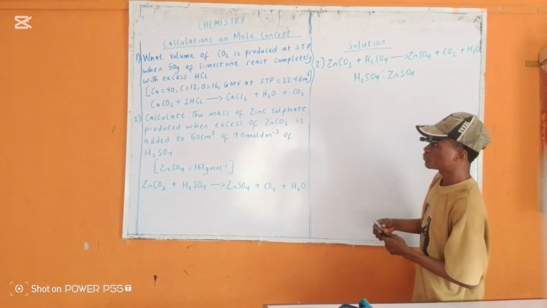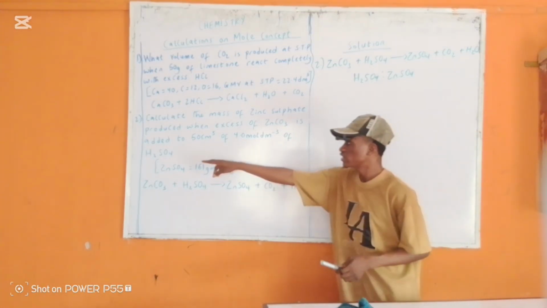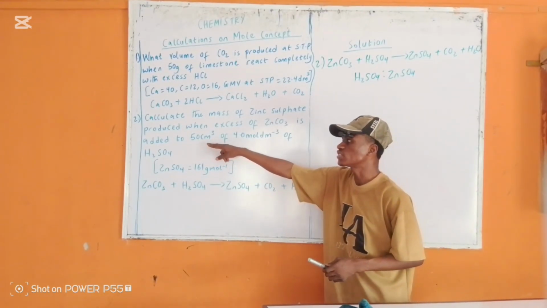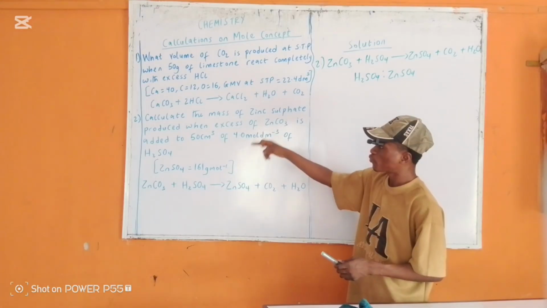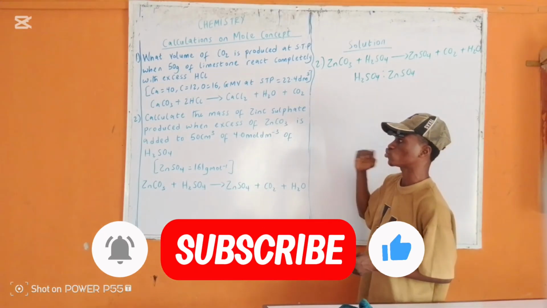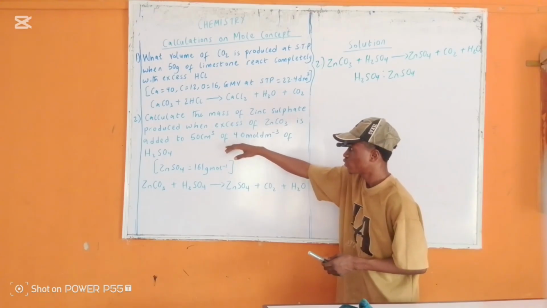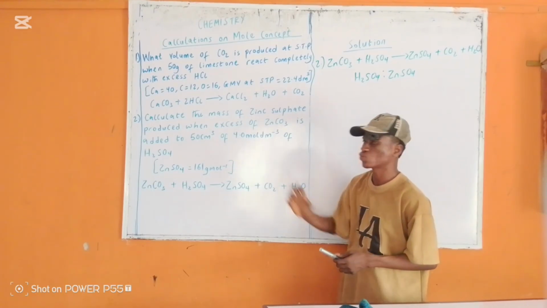Now we are seeing H2SO4 having a value of 50 cm³ of 4.0 mol/dm³. Now, what does this value for H2SO4 mean?